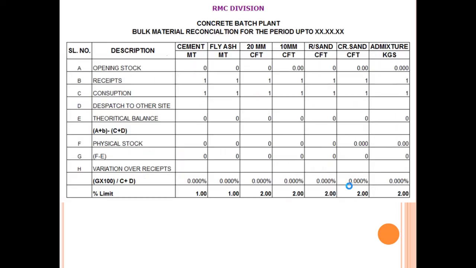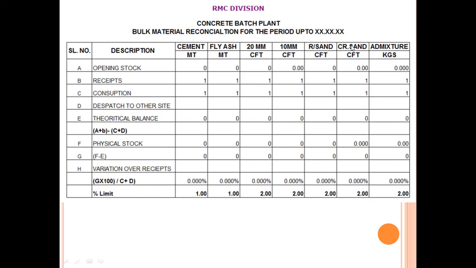If you want, you can contact me. First is the RMC division, that is the concrete batch plant bulk material reconciliation for the period up to, where you need to give the time. Then serial number, there are different columns A, B, C, D, E. The description: cement, fly ash, 20 mm aggregate, 10 mm aggregate, river sand, crushed sand and admixture.